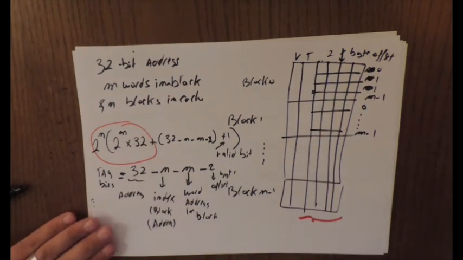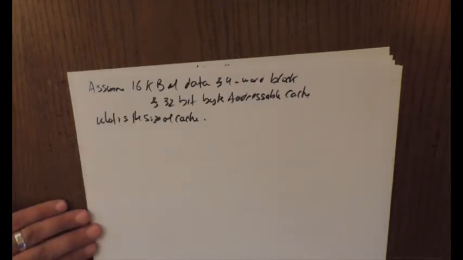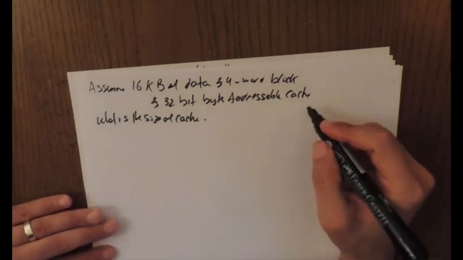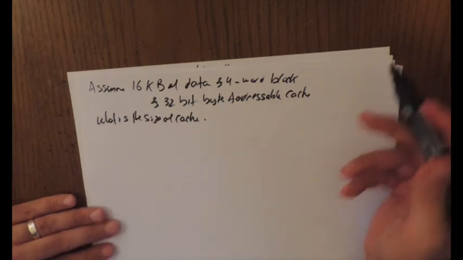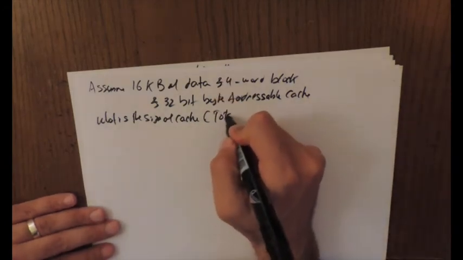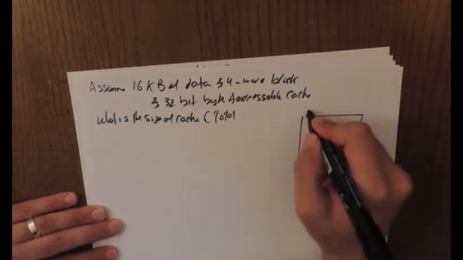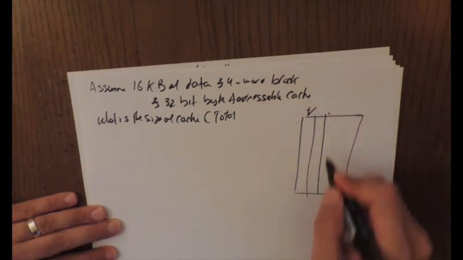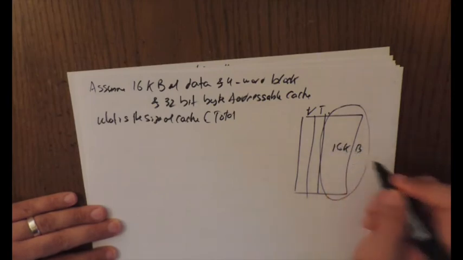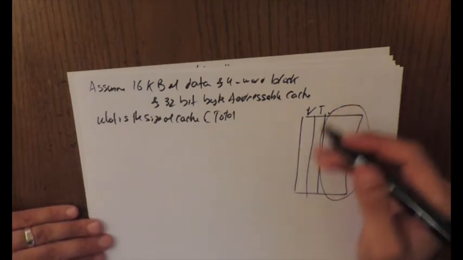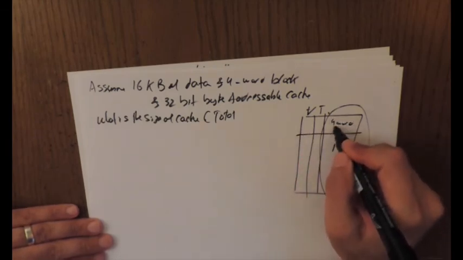Okay, so let's take an example by assuming that we have a cache with 16 kilobytes of data and a 4-word block and a 32-bit byte addressable cache. What's the size of the cache, which means the total size? Because the data portion of the cache is 16 kilobytes, this 16 kilobytes is divided into 4-word blocks.